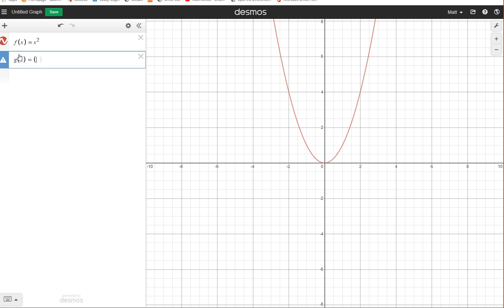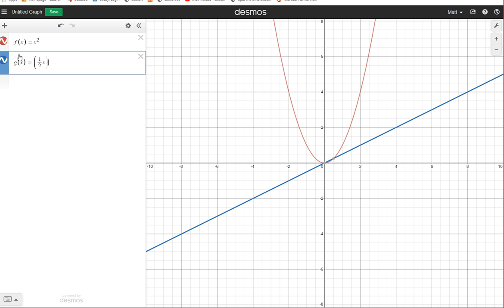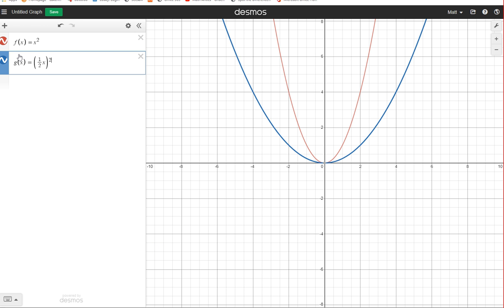Equals, and we're going to go 1/2 times x squared. So it looks like that one is not correct. Let's try our other one and see if we get a compressed one.